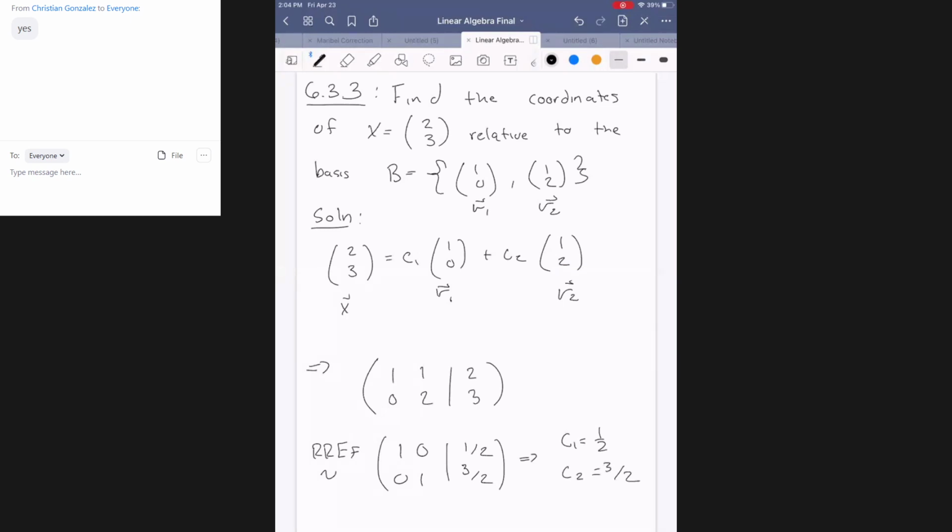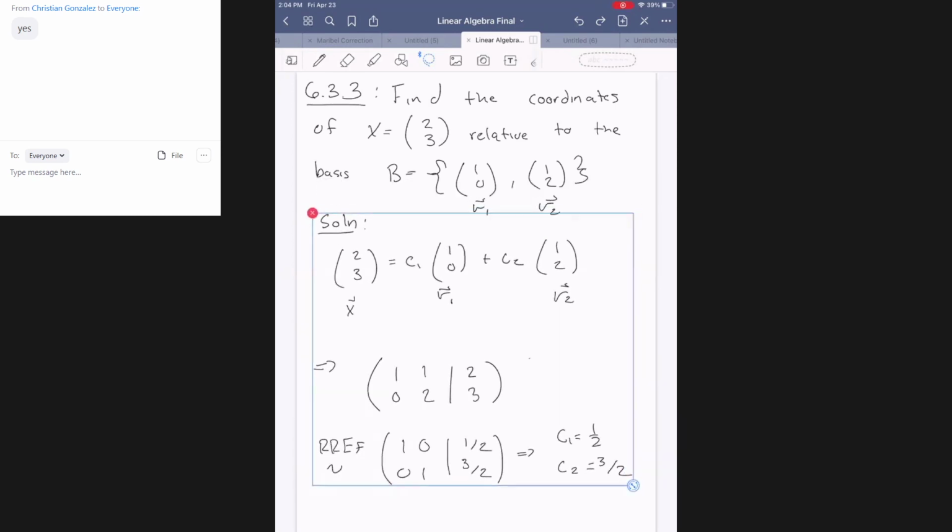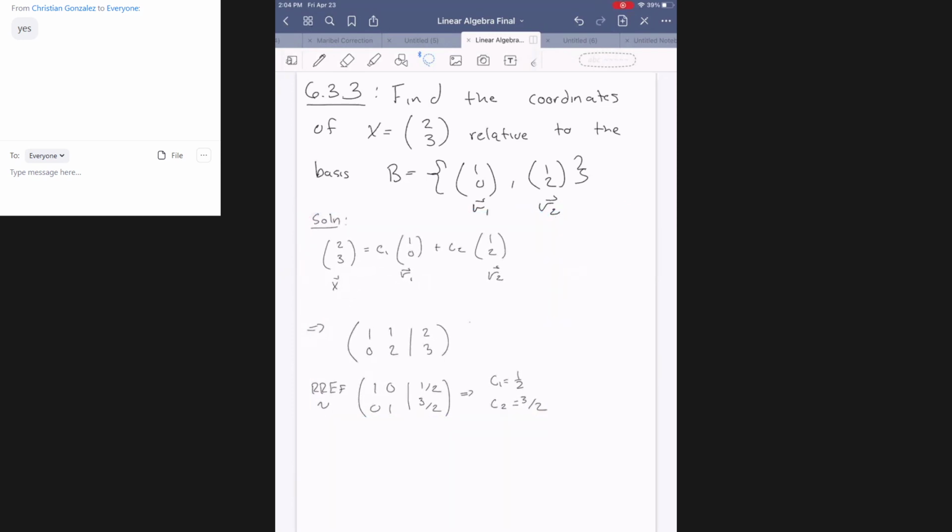So the coordinates of x with respect to B, here, let me shrink this, are just going to be those components: 1/2, 3/2.